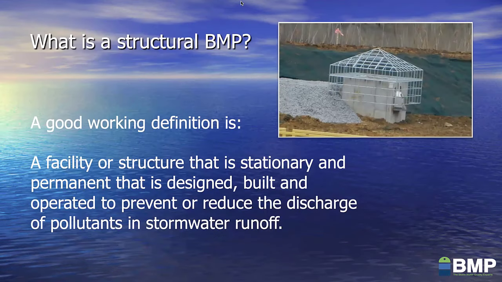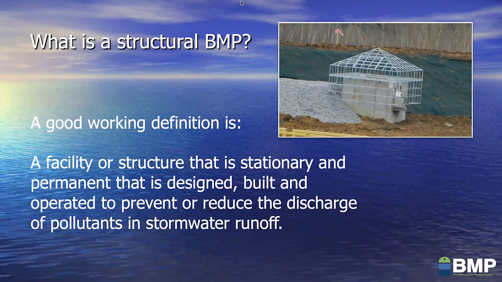What is a structural BMP? A good working definition is a facility or structure that is stationary and permanent, that is designed, built, and operated to prevent or reduce the discharge of pollutants in stormwater runoff. In this picture shown, there is a snout hood covered by a stainless steel trash screen.